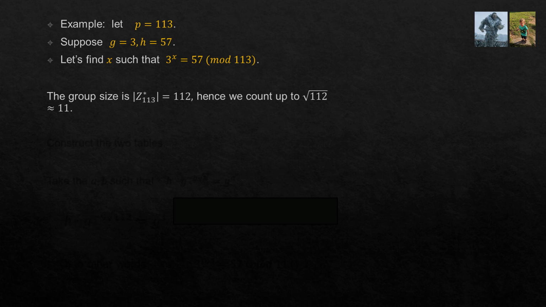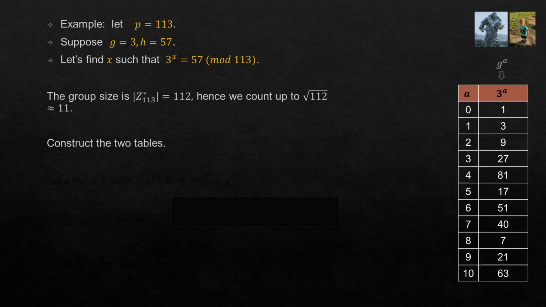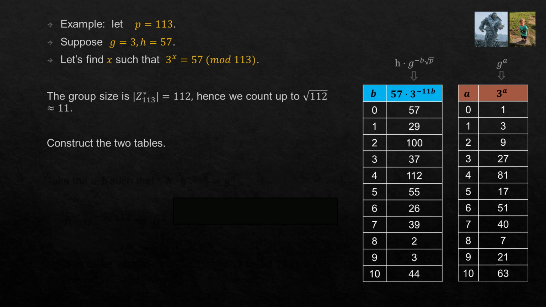So we only count up to 11, and we construct the 2 tables, one for different values of a, and one for different values of b. And we look for equal entries. In this case, the equal entries are where a is equal to 1 and b is equal to 9.